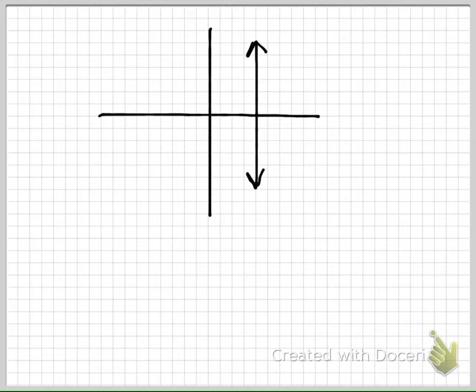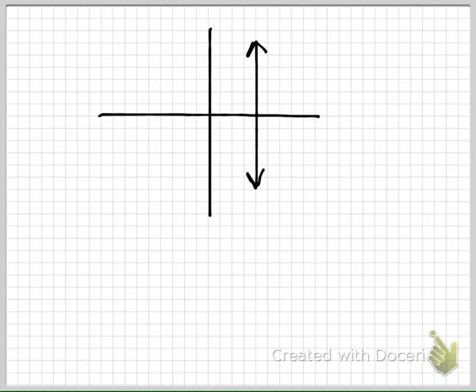Dana, what did you get? y equals what? If you put anything over here after y equals, then you're implying that it crosses the y at some point.